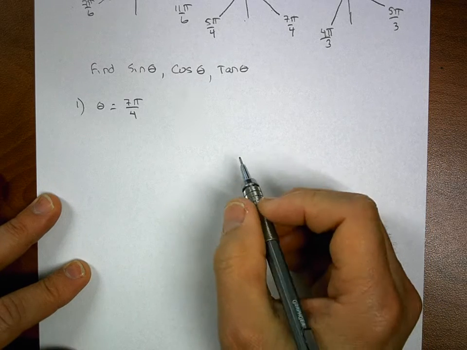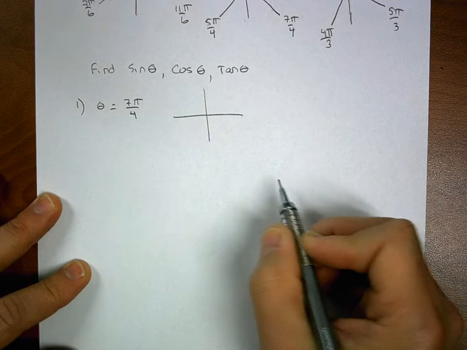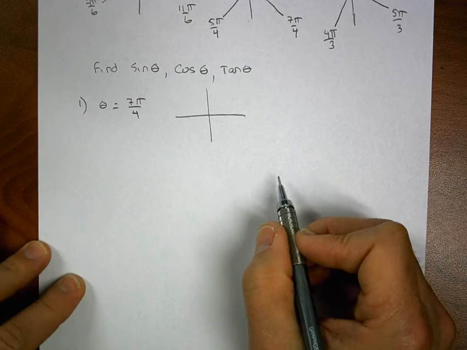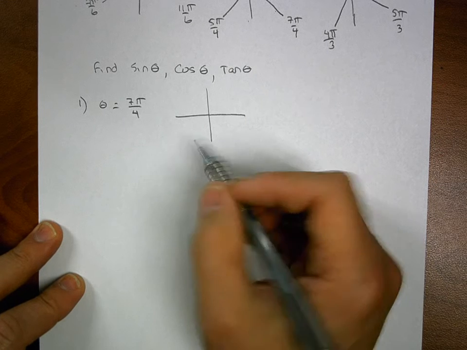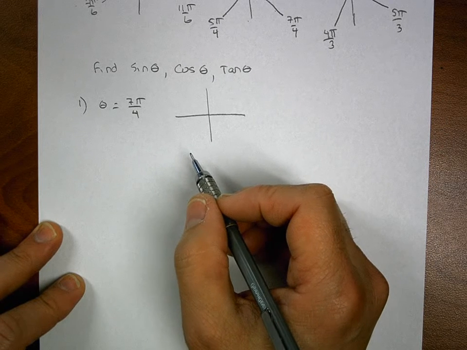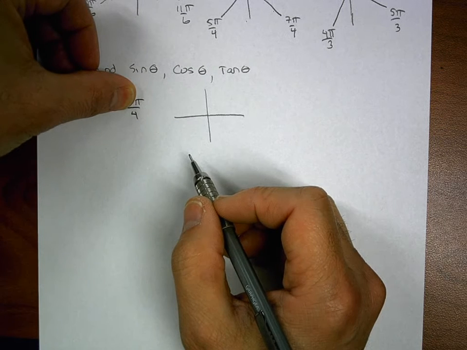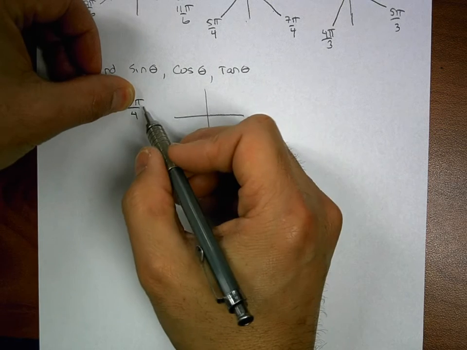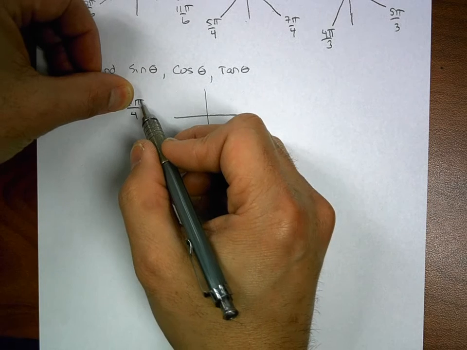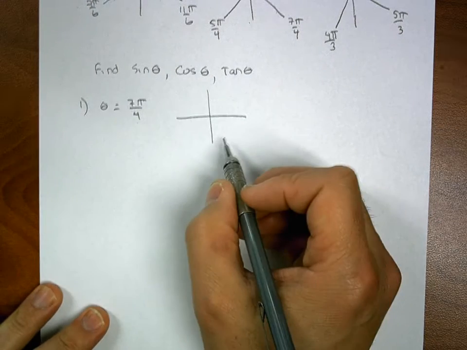Your homework is set up like this. Well, first of all, 7 pi over 4, do we know its reference angle? 45 degrees, pi over 4. If you forgot, quick trick, take 180 divided by 4. Pi over 4 is 45. So let's go ahead and draw it, figure out what quadrant it's in.